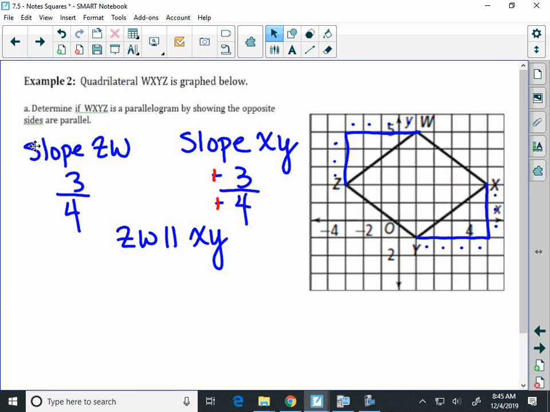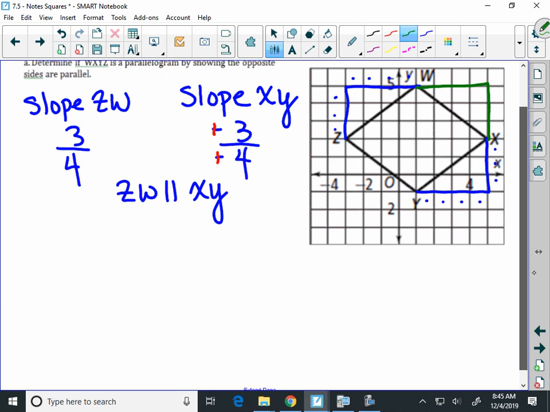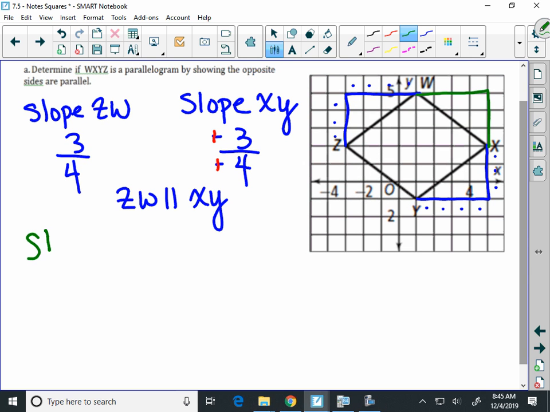And then we can do the other sides here. For this triangle, the slope of WX, what we did is we rose 1, 2, 3, and we went left 1, 2, 3, 4. So it's going to be negative 3/4.